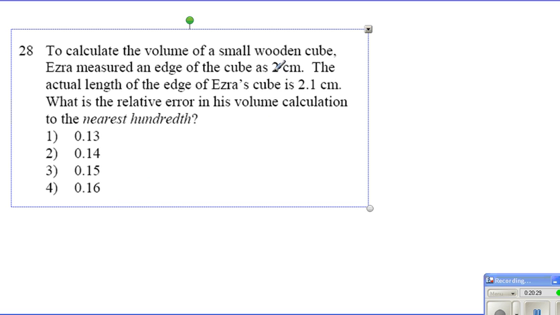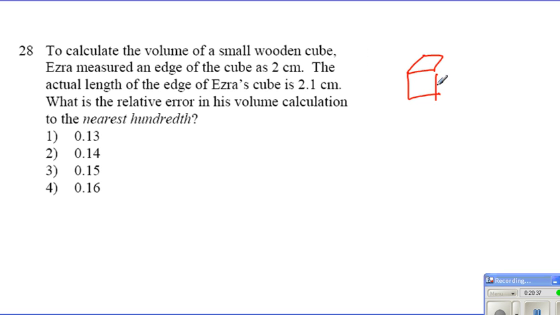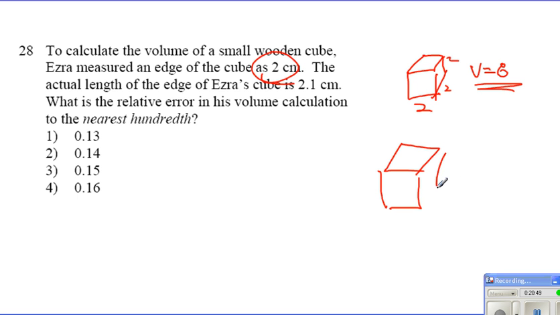It measured 2 by 2 by 2, but in fact the actual length was 2.1. What is the relative error? So we have the original volume, which becomes 2 times 2 times 2. The volume becomes 8. On the other hand, the actual one is 2.1, 2.1, and 2.1.